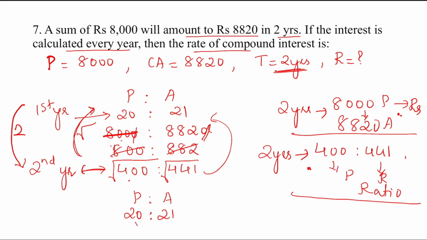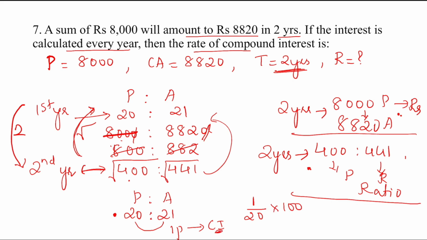Now, the difference between the parts is how much? One part. So one part is nothing but our interest. Interest is on how much? On principal. Principal is 20, into 100.